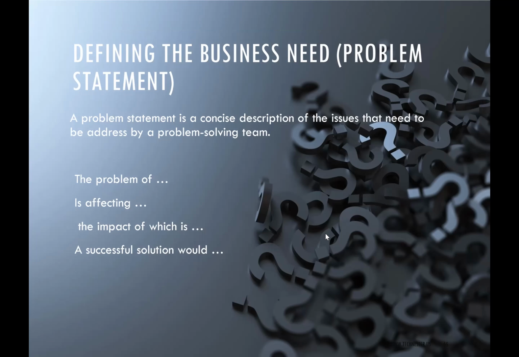You want to identify the problem, and from the problem, you identify the goal, the goal that the organization now needs to pursue. You want to identify the problem and goal. Those two are combined in the problem statement you write.